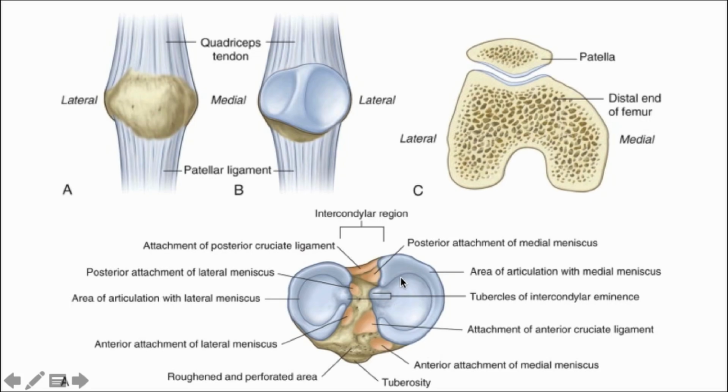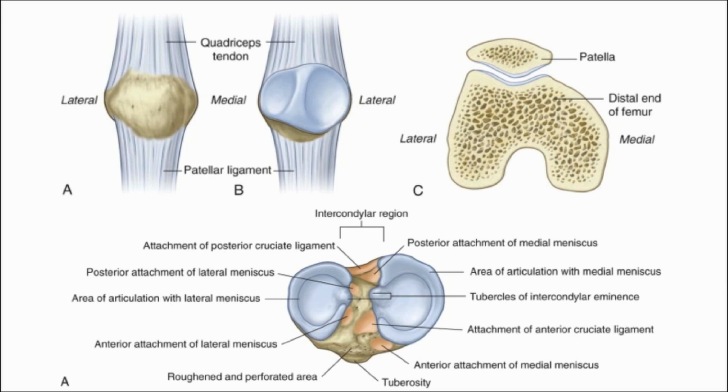Looking at the proximal end of the tibia, the tibia is the medial and larger of the 2 bones in the leg. We have the tibia and the fibula, and the tibia is the only one that articulates with the femur. The fibula does not articulate with the femur, and it doesn't help us in weight bearing. Only the tibia does.